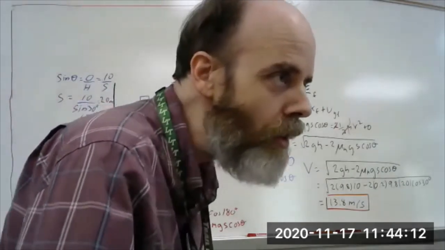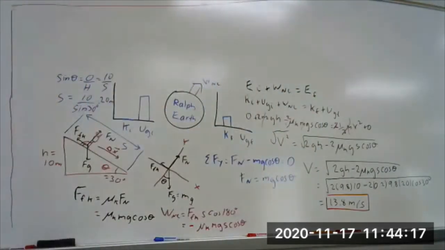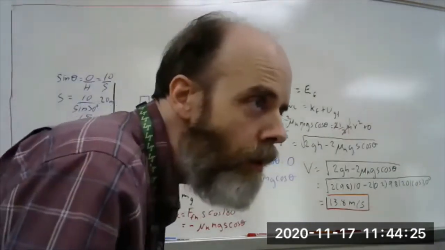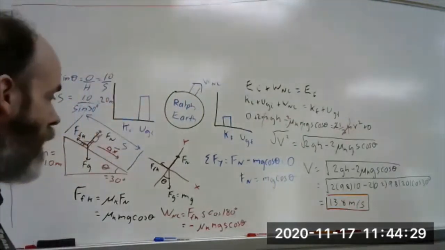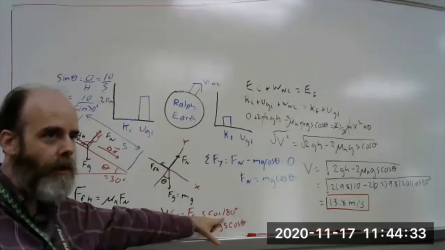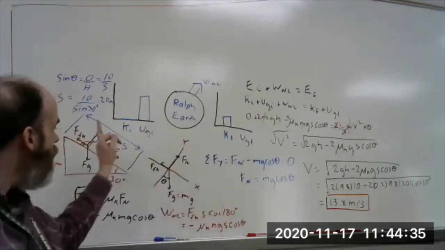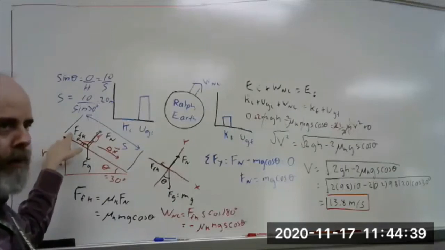Can I take a picture? Yes, you can take a picture. Why is WNC negative? It's negative because of this, because of the cos 180 degrees. Displacement and the force are in opposite directions.